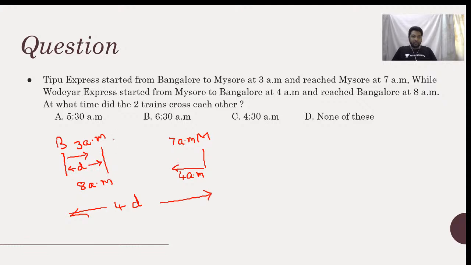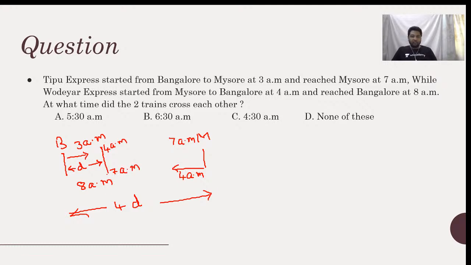Therefore, the Tippu Express is over here at 4 a.m. and it reaches at 7 a.m. This Wodeyar Express started at 4 a.m. and reaches Bangalore at 8 a.m. So at what time will it reach this point? It will reach at 7 a.m.